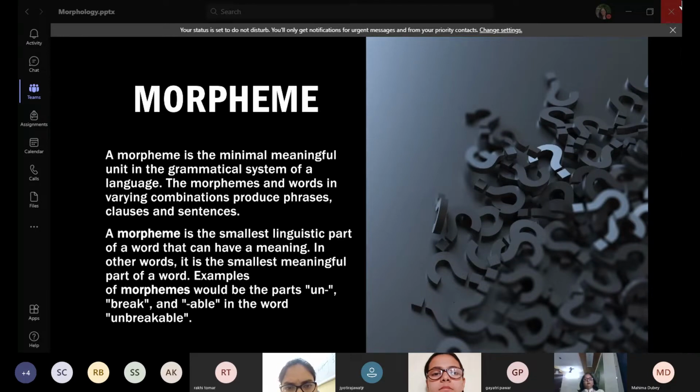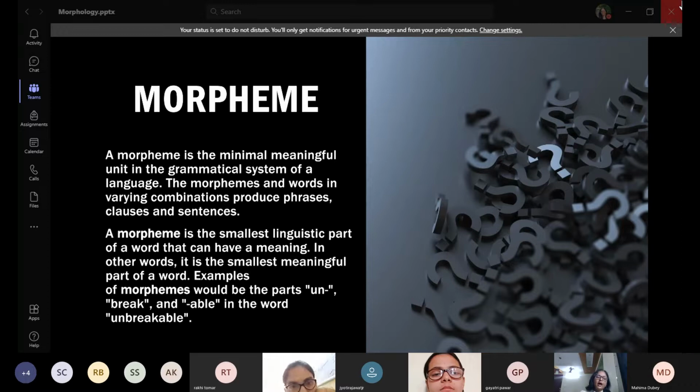Example of morpheme would be, see, this is one word, unbreakable. Which is the main word here? Break. To break, we attach able, breakable. Breakable means जो चीज टूट सकती है.